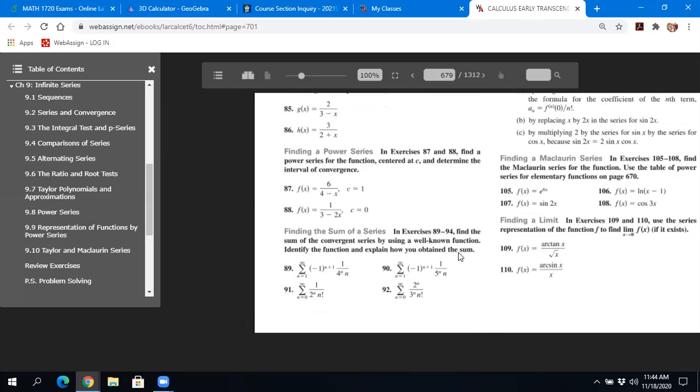You know, what would you do if you had something like, let's see. Okay, so you know this series right here. The logarithm of 1 plus x equals x minus x squared over 2 plus x cubed over 3 minus et cetera.